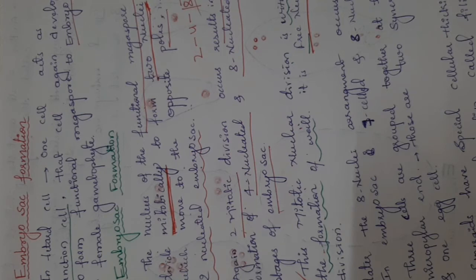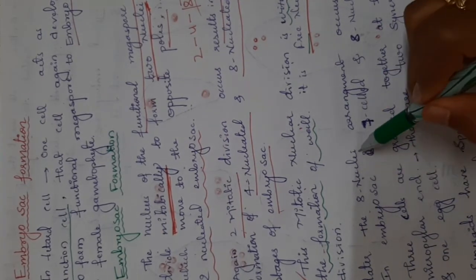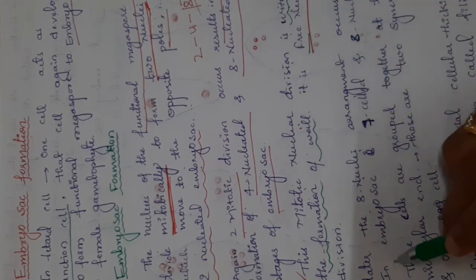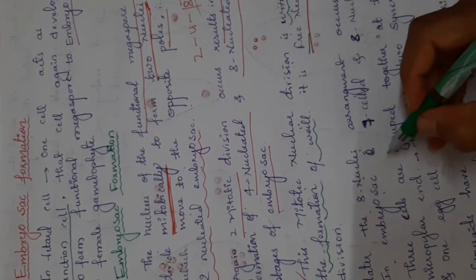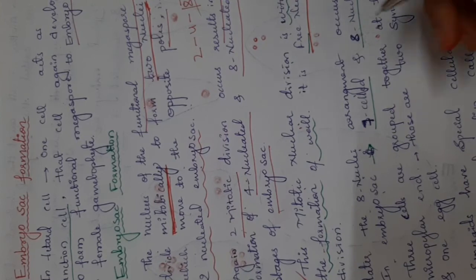The nuclei are free. Then later the 8 nuclei are arranged in the embryo sac. That condition of the embryo sac is 7-celled and 8 nucleated.